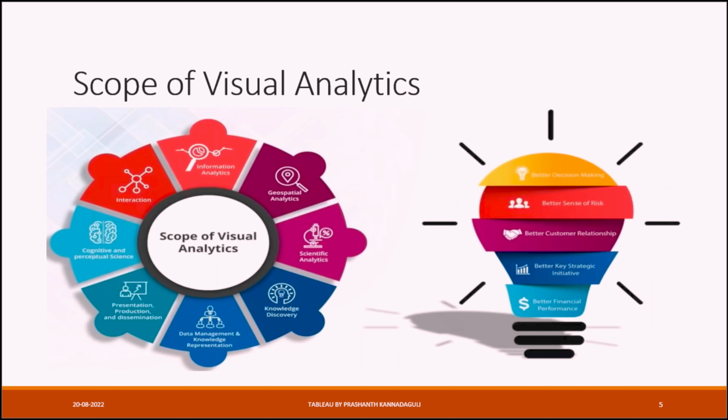So presentation is also going to be done by using visual analytics, which is also supported by production and dissemination. Then cognitive and perceptual science. Here you can see there is a field called cognitive perceptual science, which can also be analyzed and represented by users.